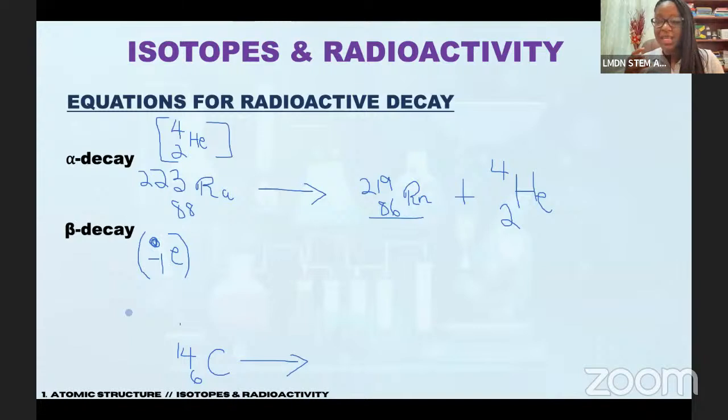By that, I mean that the changes are happening in the nucleus, and in the nucleus you have the protons and the neutrons, right? There are no electrons in the nucleus, if you think about it, right? Because where do we find electrons? The idea that we can have an electron-like particle coming out as a result of radioactive decay was very interesting and very fascinating to me to think about.